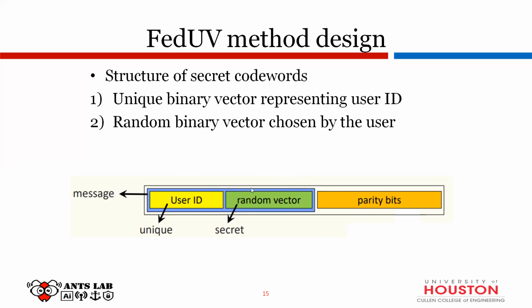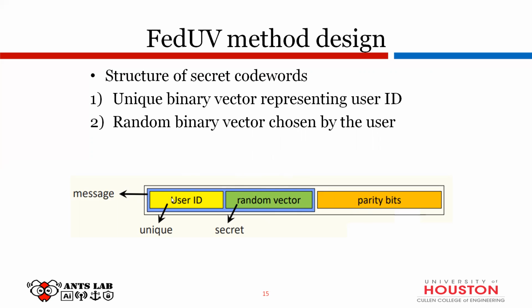And then we have this secret random vector, which is chosen randomly, so it can be kept secret, because it would be harder for outsiders to even guess the exact binary vector here. And also we have the parity bits for security.